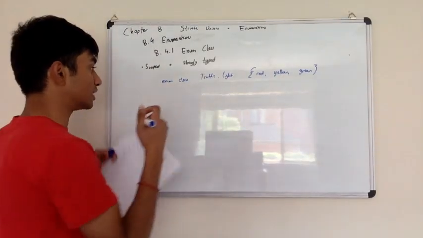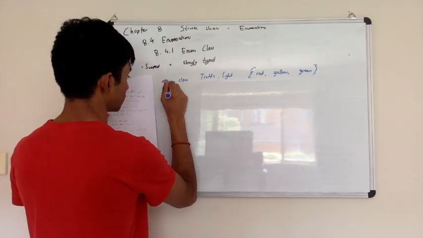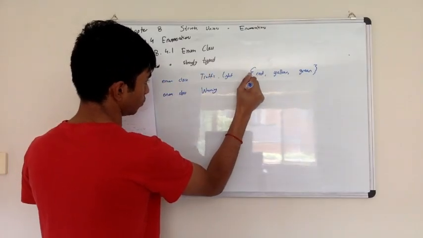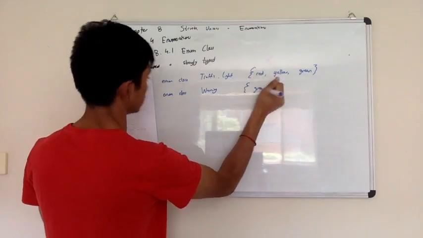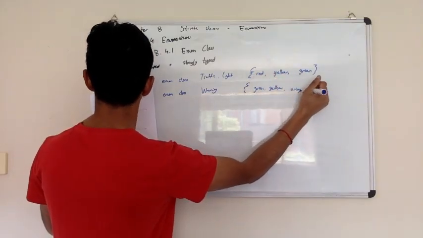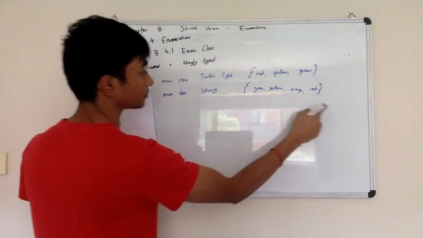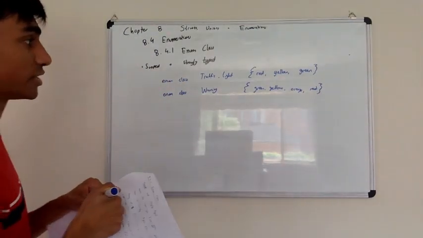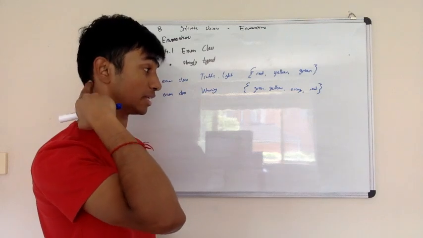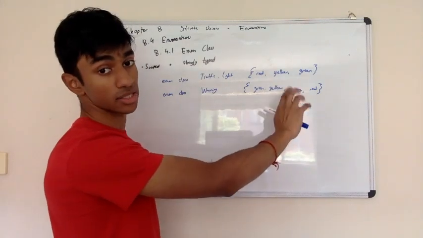So imagine you have one enum class like that, and then you have another enum class like warning colors, and then you have green, yellow, orange, and red, right? So you can see why this example is nice, and we'll see a bit more in the plain enum section, but we've used the same kind of colors twice.